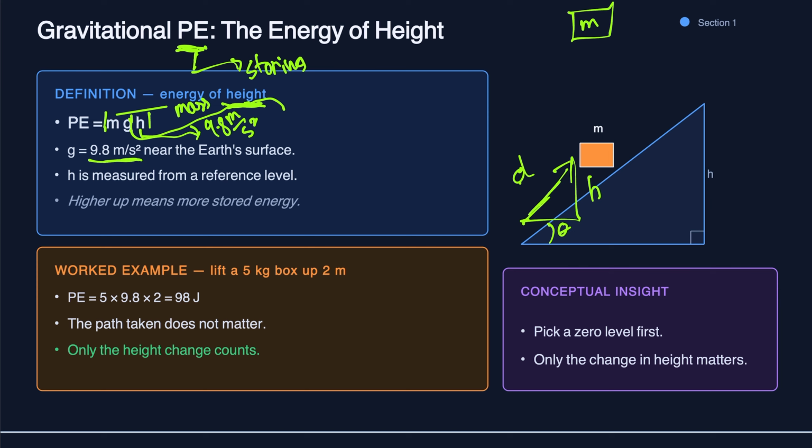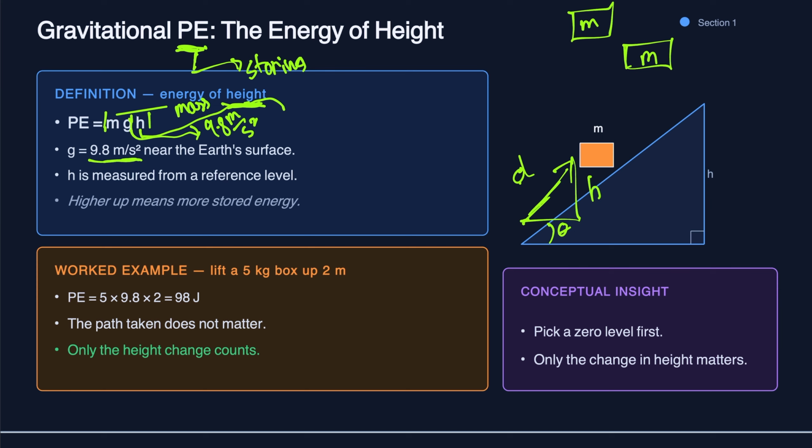So a higher object would have a equally greater gravitational potential energy. That's why it falls faster. I mean, it doesn't fall faster, but it accelerates more and has more time to fall faster, right? The higher you bring it up, the more kinetic energy it has when it's falling down, right? So similar to that.